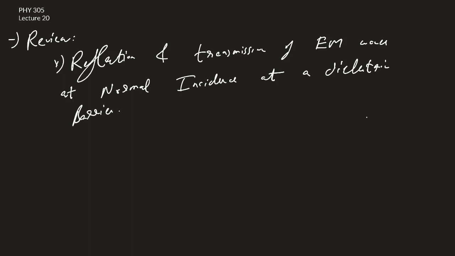Essentially, the idea of what we did was that you have an interface here between a material of refractive index n1 and another material of refractive index n2, and you have some incoming electromagnetic radiation, which we denote by some incoming wave vector ki, where i stands for incidence.